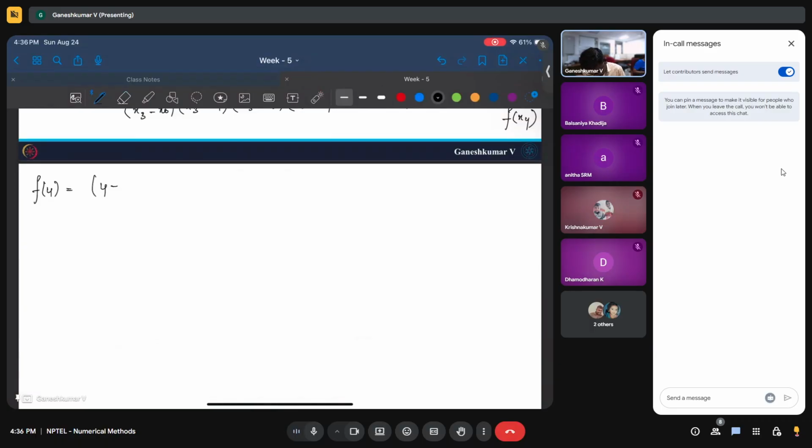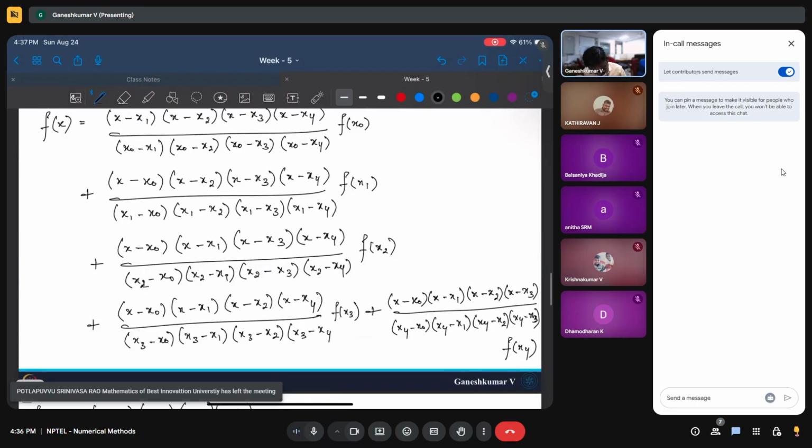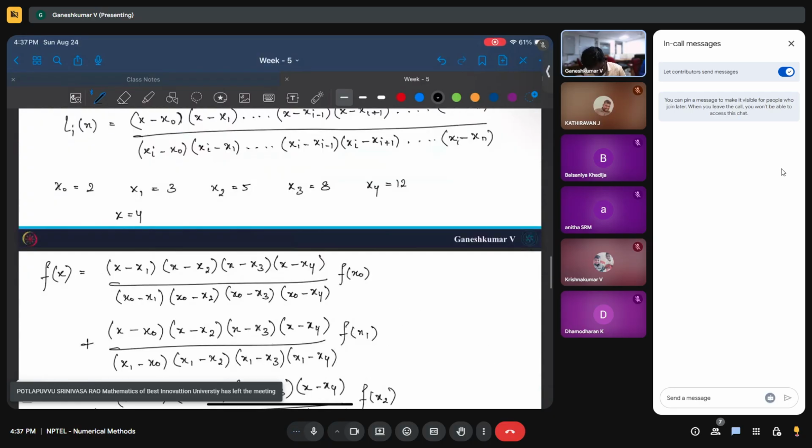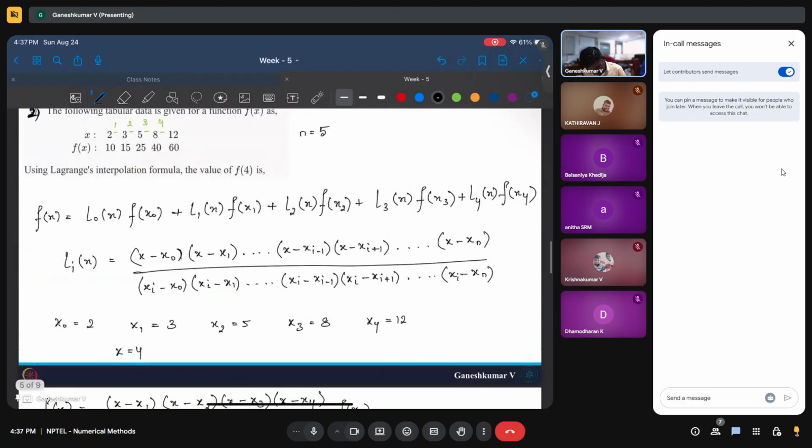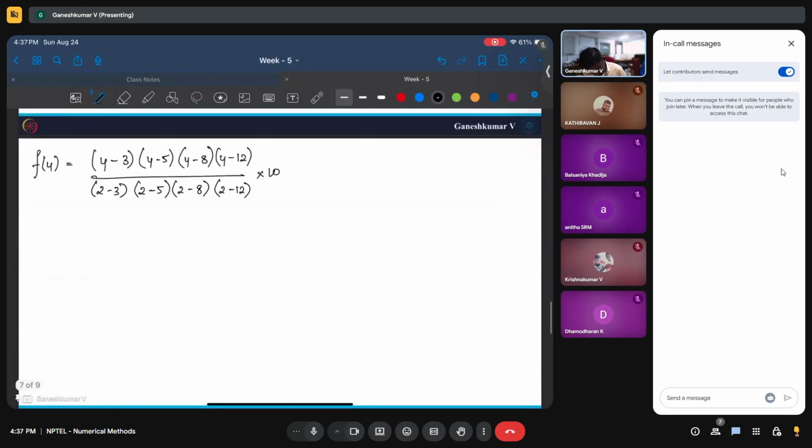So it is 4 minus 3, 4 minus 5, 4 minus 8, 4 minus 12, divided by 2 minus 3, 2 minus 5, 2 minus 8, 2 minus 12, times f of x naught, which is 10. This is the first term.